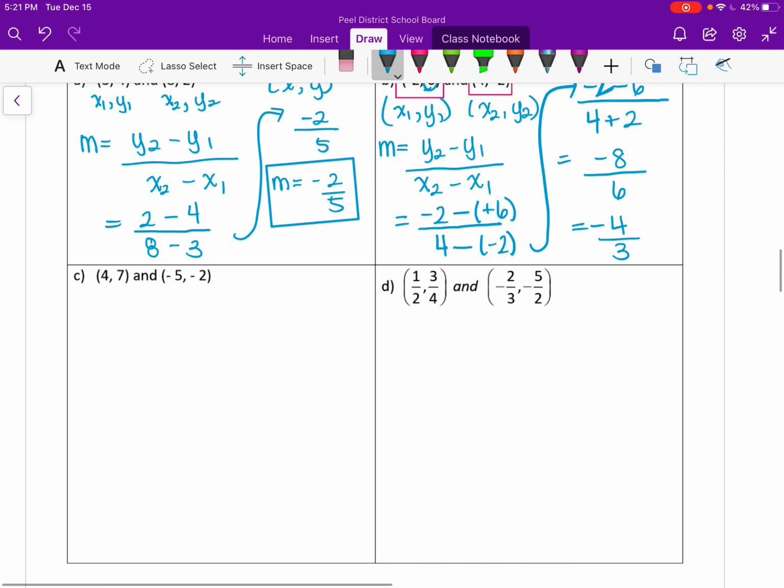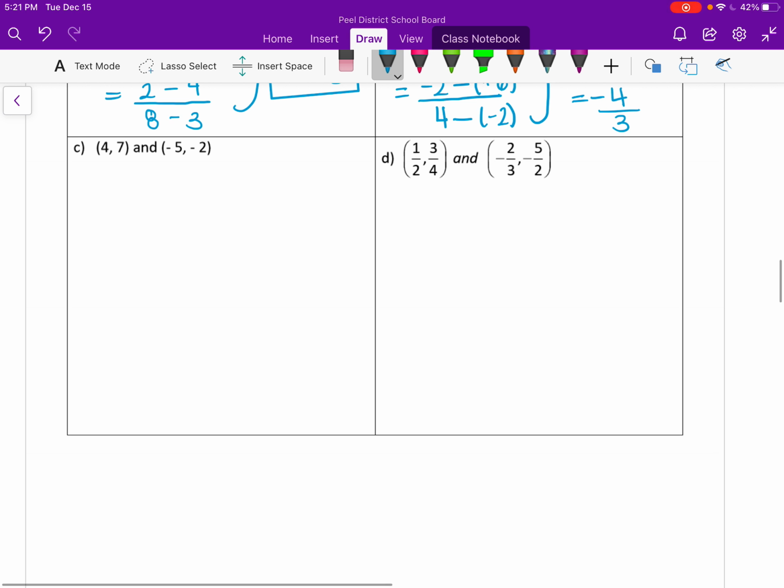Alrighty. Moving onwards. Hopefully you tried C as well, right? We're going to do the same thing. I'm going to say, all right, this plot is going to be my x1 and my y1. This plot is going to be my x2, y2, maybe in a different color in case you'd like to see that.